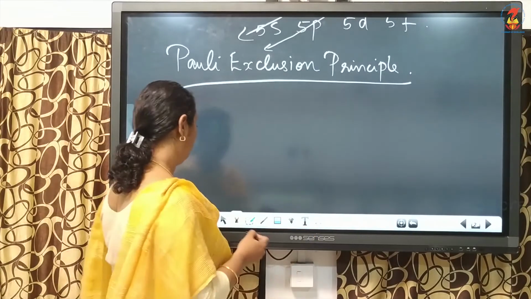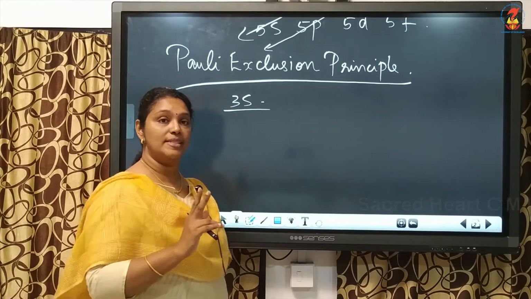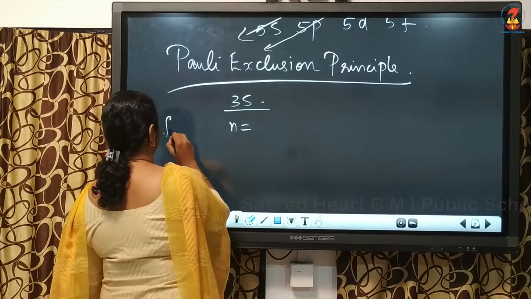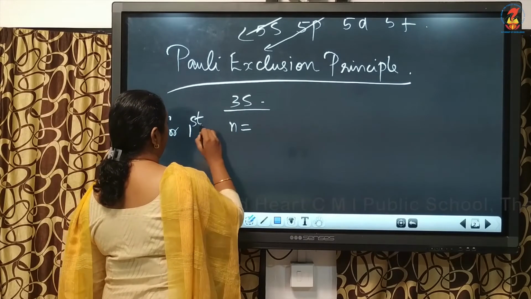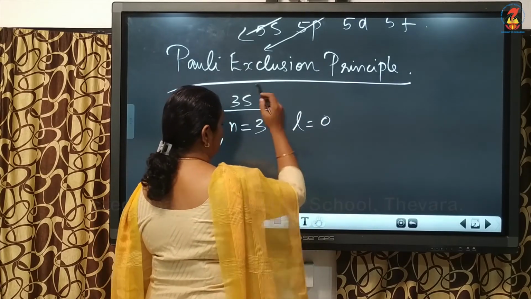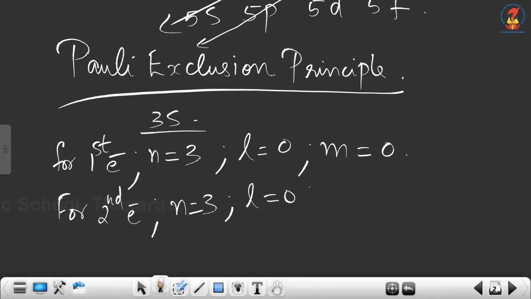For example, take the 3s orbital, and suppose there are two electrons present in it. For the first electron, n is equal to 3, l is equal to 0 because it is an s subshell, and m is also equal to 0. Now for the second electron, n is equal to 3, l is equal to 0 and m is equal to 0.